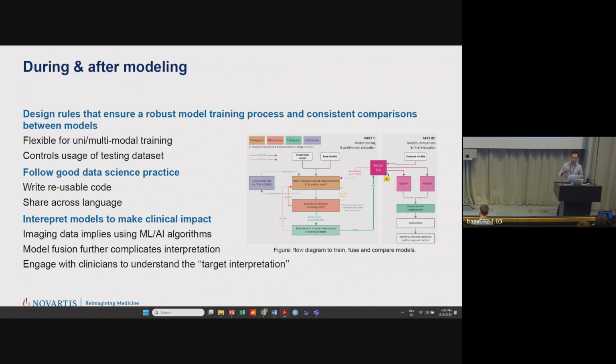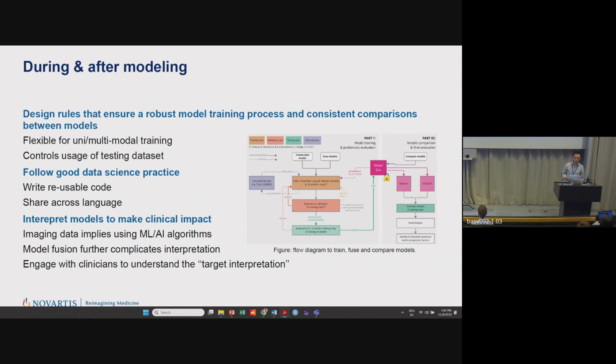It also shows when we can use which data set and in which situation, and when we can take the learnings from the model building process and go back to start again. Because we have a big team of statisticians and data scientists, having such an aligned flow diagram ensures there's a correct way of using the testing data set, but also a flexible framework to accommodate both uni and multi-modal training.